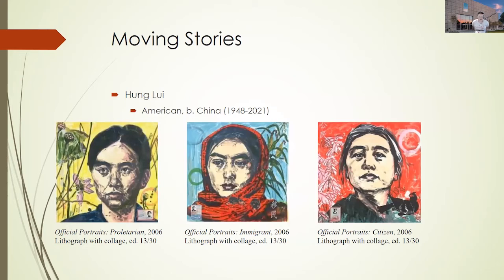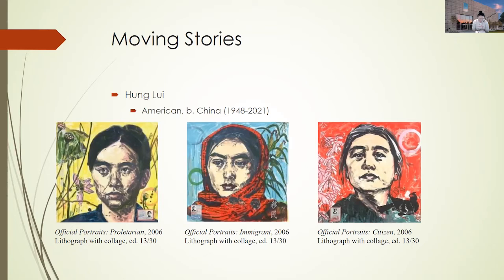Then we move on to Hung Lu, and she was born in China in 1948, but later immigrated to the U.S. as an adult in the 1980s. So she spent most of her childhood growing up in the People's Republic of China and under the Mao era influence.